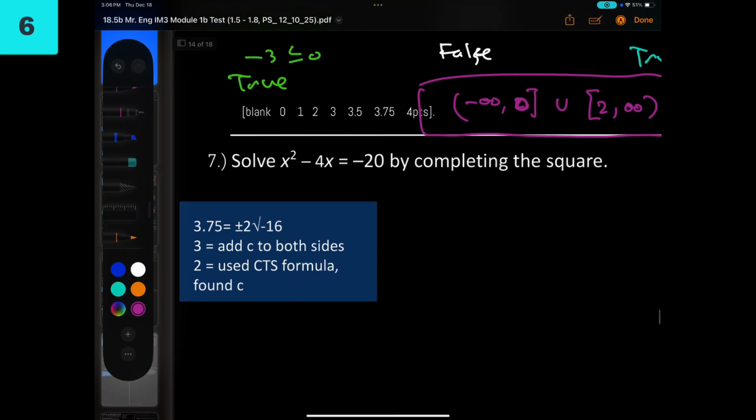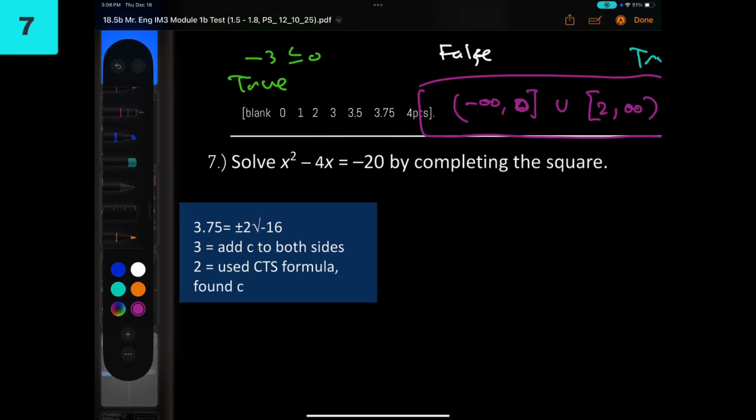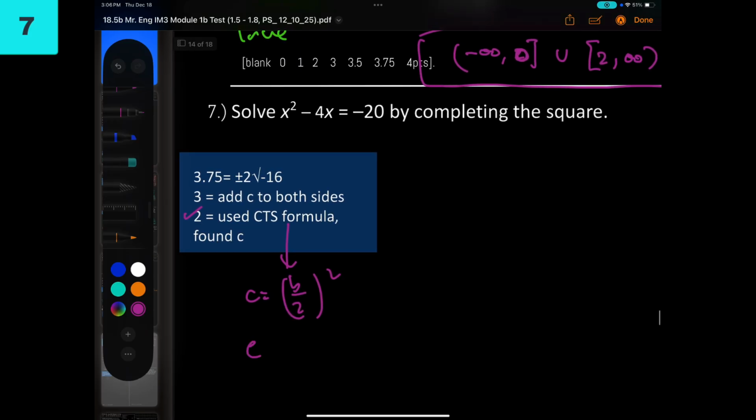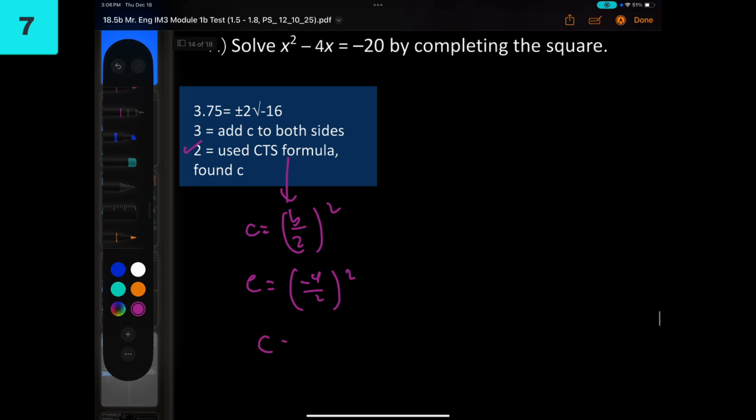Okay, number 7. Solve x squared minus 4x equals -20 by CTS. So 2 points if you just first do the CTS formula. C equals b over 2 squared. The b value is -4. So you have -4 divided by 2 is -2. And -2 times -2 is 4.